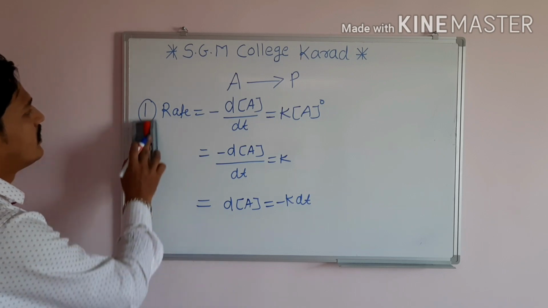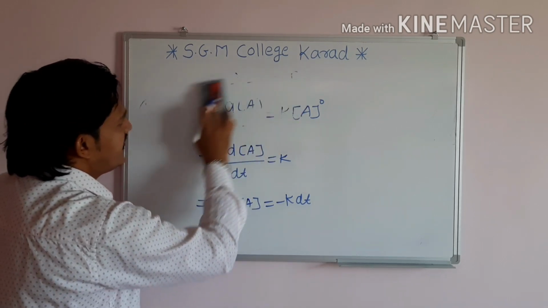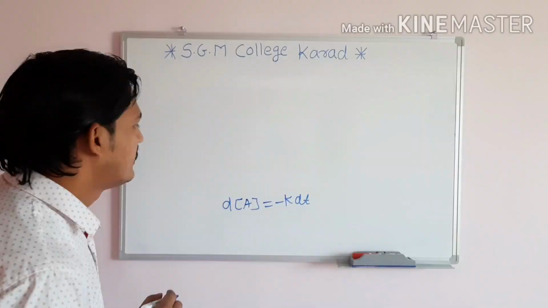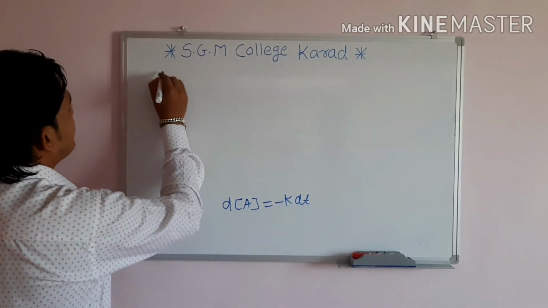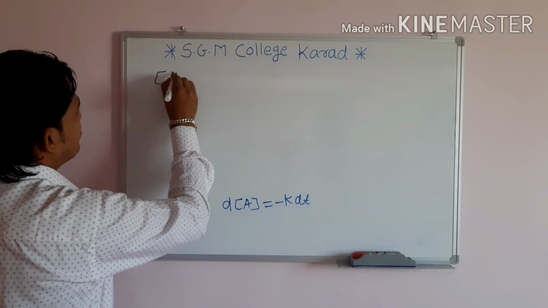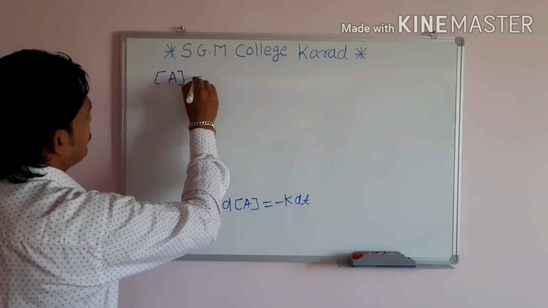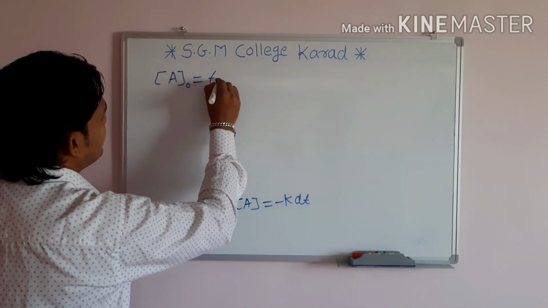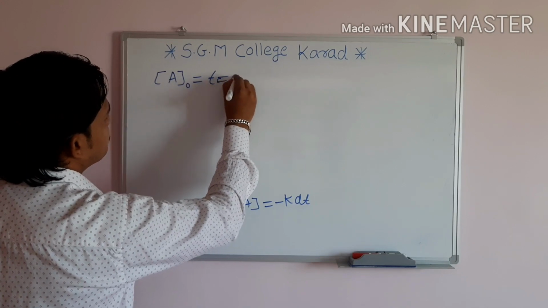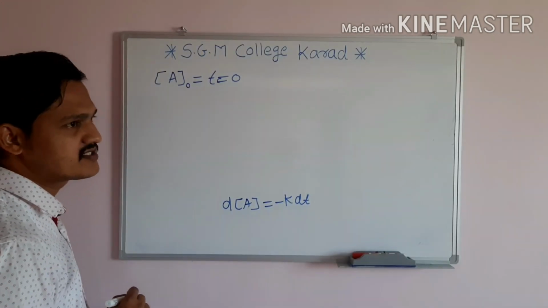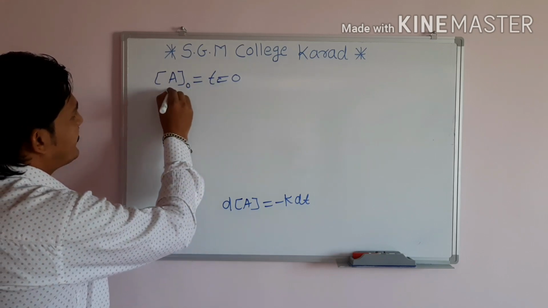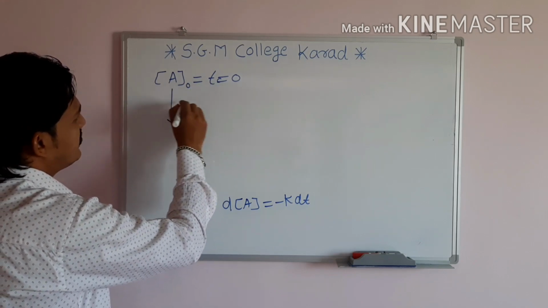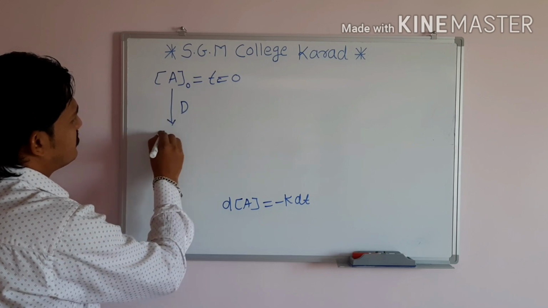So now let us move to the integration point. Okay, now please remember that initial concentration of reactant is A0 at time t equal to 0 because the reaction is not starting yet. Reaction सुरू झाले नाही म्हटल्यावरती सगळं 0. After time t, concentration of reactant decreases.